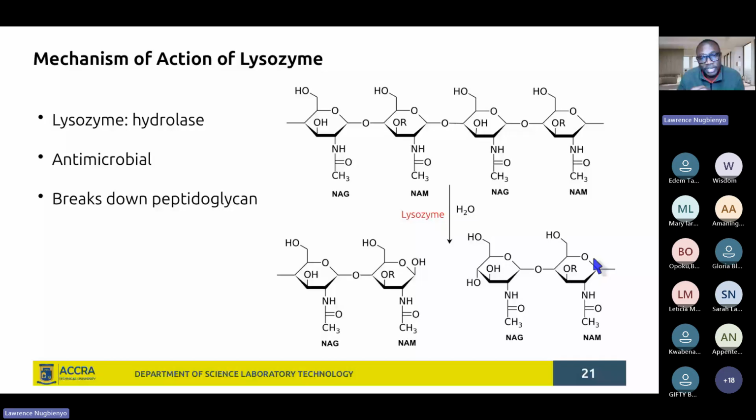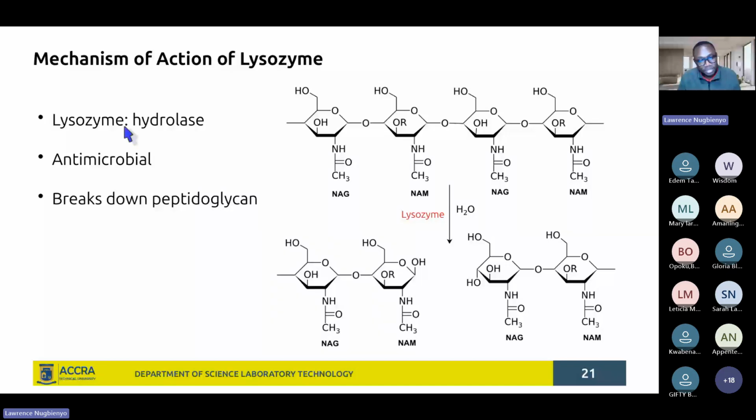So we classify it as a glycoside hydrolase that's involved in hydrolytic breakdown of carbohydrates. And which bond will these hydrolases break down? They are going to break down glycosidic bonds between either monosaccharides or monosaccharide derivatives of carbohydrates. And lysozyme is one of such hydrolases.